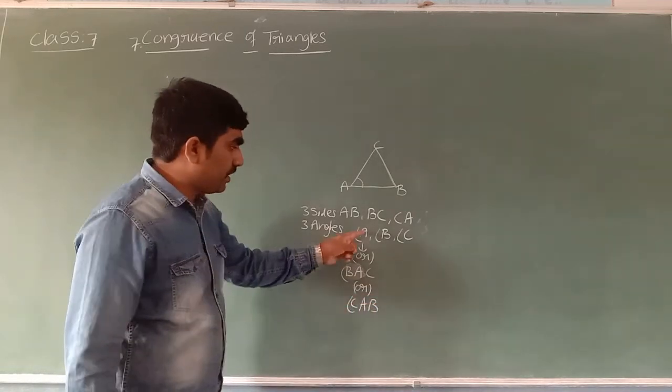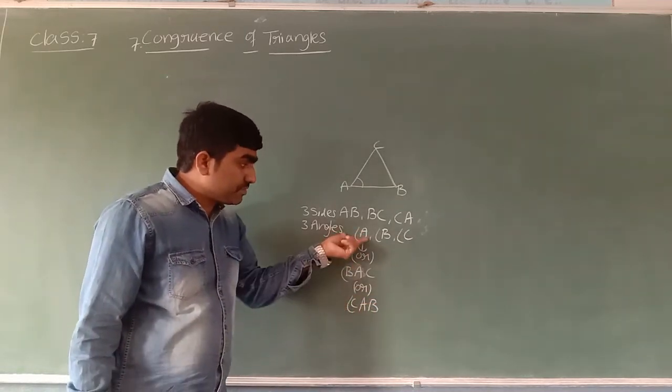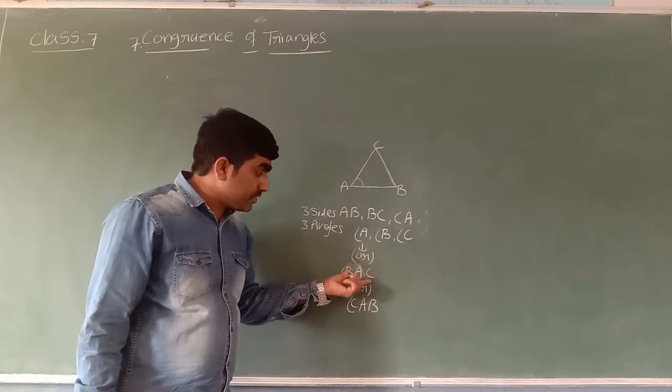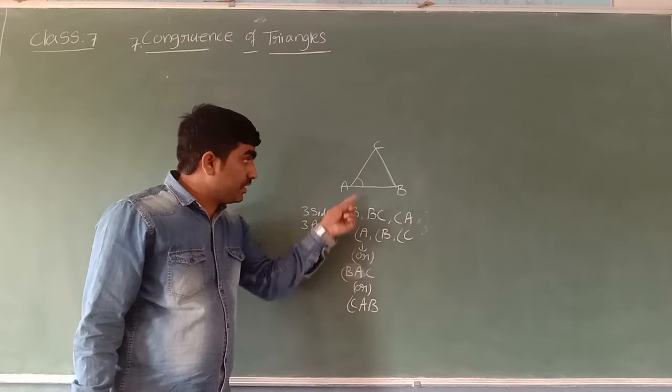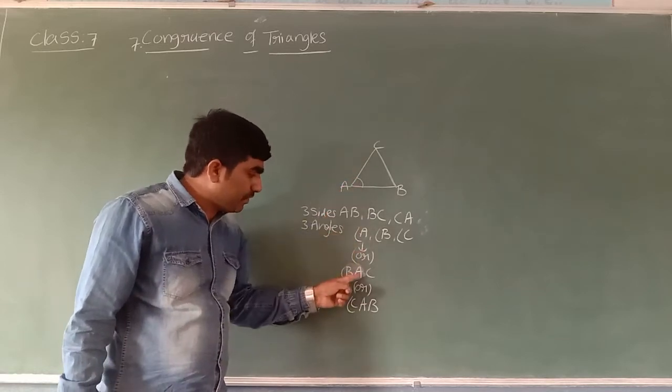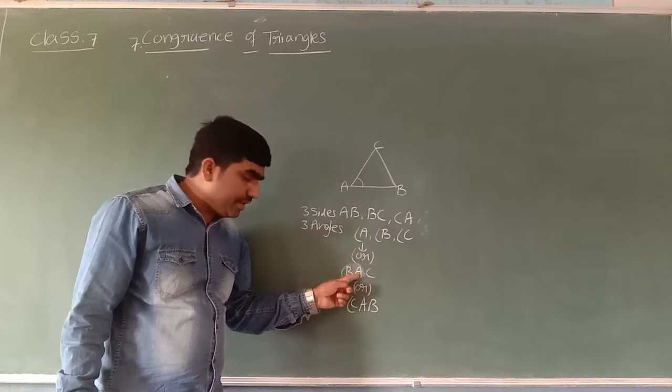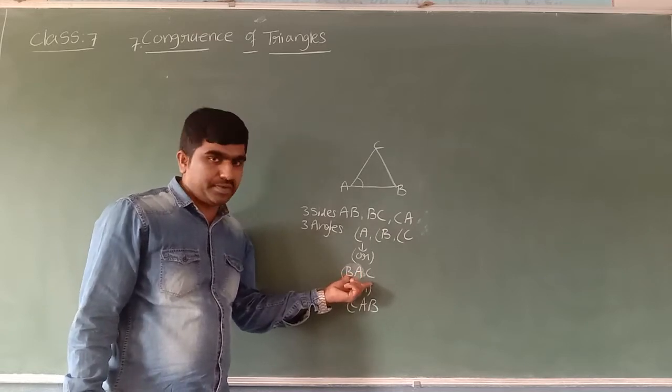To express angle A, we can use a single alphabet or three alphabets. When you express it with three alphabets, make sure that the alphabet A is in the middle of those three alphabets.